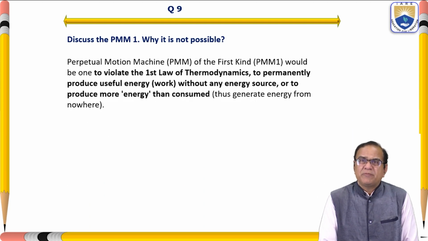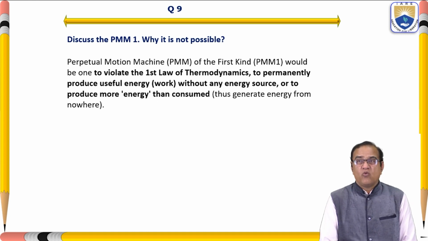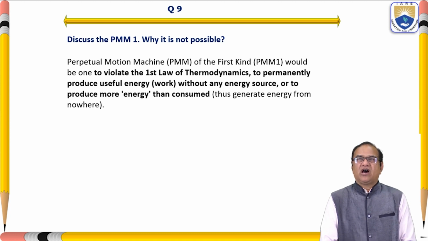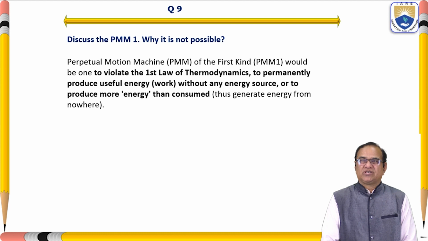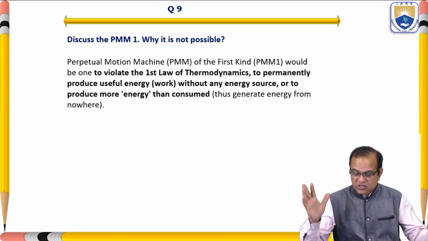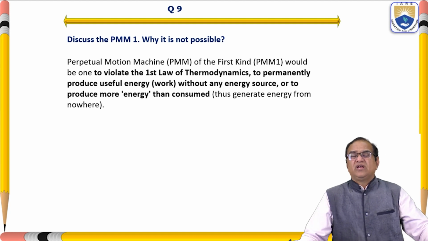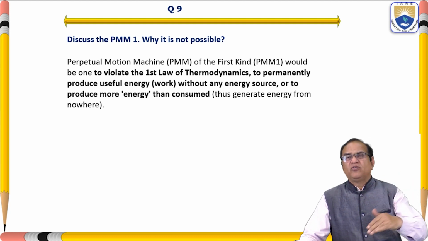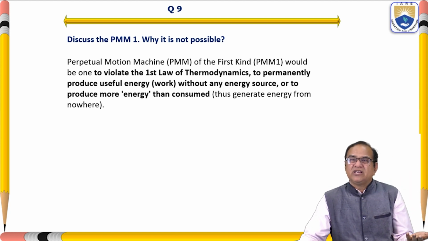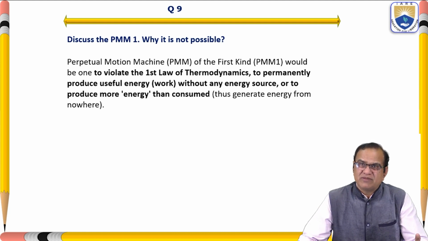So the perpetual motion machine of the first kind, the PMM-I, would violate the first law of thermodynamics, to permanently produce useful energy or work without any energy source, or to produce more energy than consumed. Thus it generates energy from nowhere. That means you start the engine and without fuel it keeps running. You start the power plant, and it runs continuously.